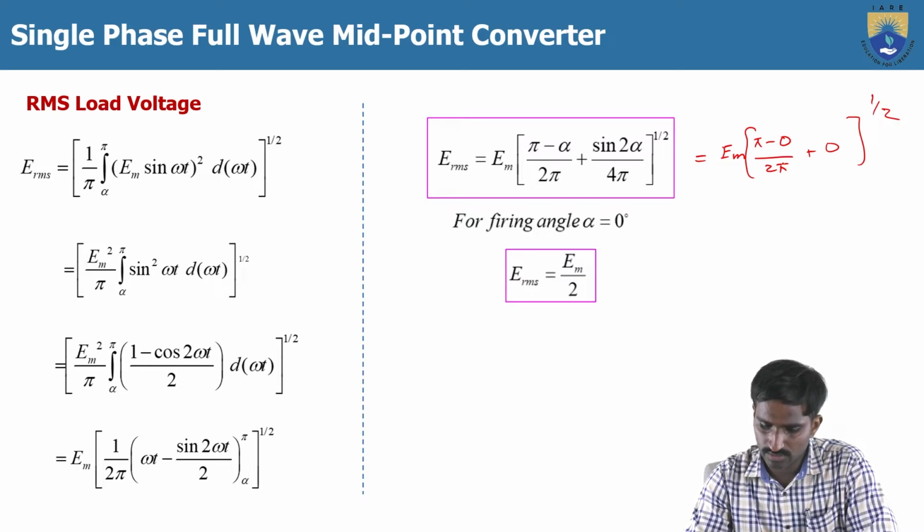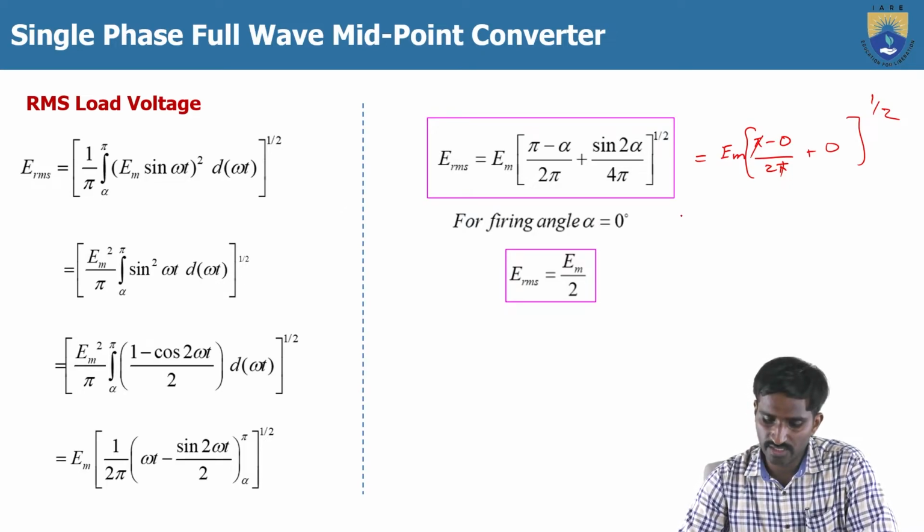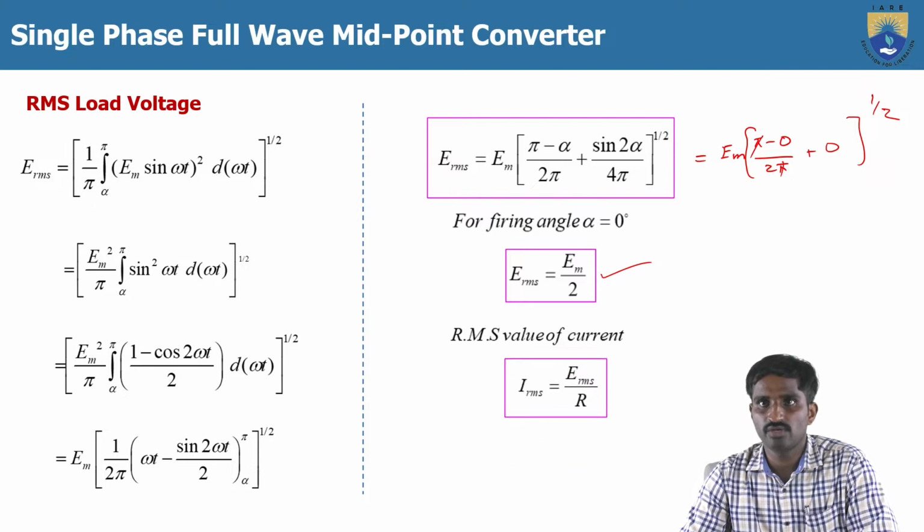Here pi gets cancelled, and the 2 pi gets cancelled, so it is EM by root 2 actually, not EM by 2. So this is how we get ERMS equal to EM by root 2. Then the RMS value of the current is equal to ERMS by R.